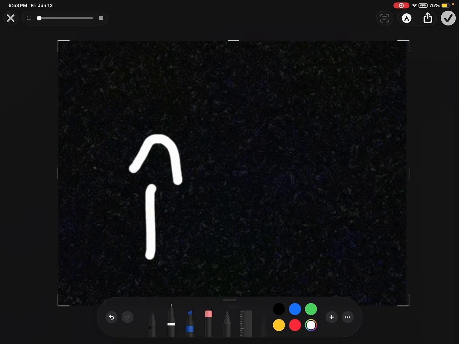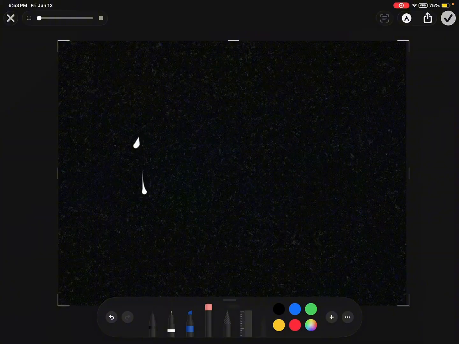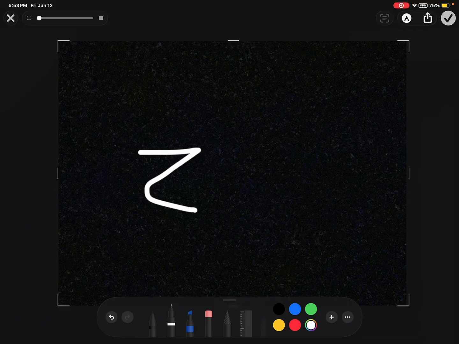For Y, just turn it into an arrow. Y. I don't really know why. Z. Where is Z on this paper? Z. Oh, I have this written down. And yeah, I'll make it twerk.